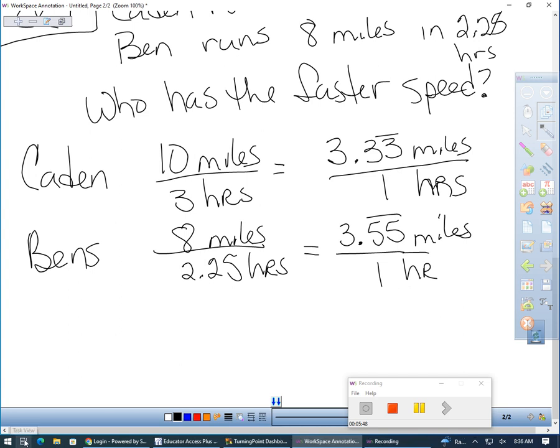So which one is going faster? Okay, which one is going faster? Ben is going faster, isn't he? Ben is faster.